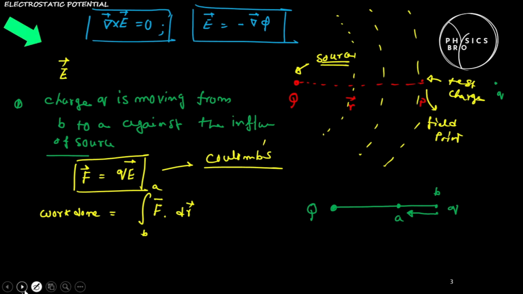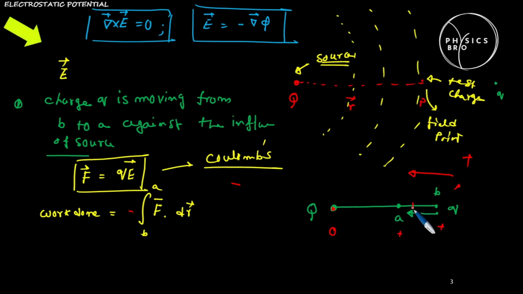Look, if we choose some point here as the origin, then this portion is the positive direction and this is the negative direction, and the charge q is coming from somewhere more positive to somewhere less positive. B is more positive than A, so we have to take some negative to balance the idea that we are moving through this dr. Here dr is negative.